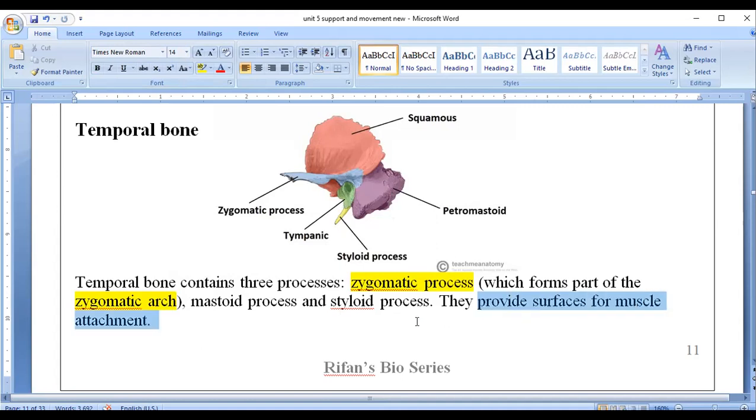They provide surface for muscle attachment. The styloid process, mastoid process, and zygomatic process all provide surface for muscle attachment. At the same time, the zygomatic process is creating the zygomatic arc. Clear?